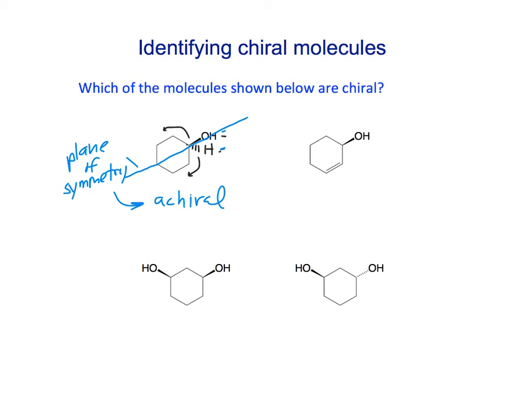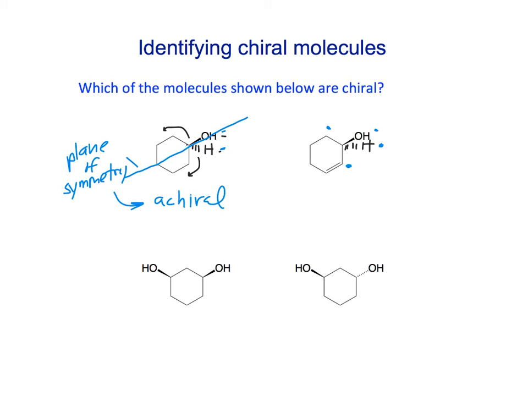Now let's look at the next one in the upper right. Let's draw in the missing H. Does this have 4 different groups? Well, it has the OH, it has the H, it has an alkene, a double bond, and it has just an alkyl side.